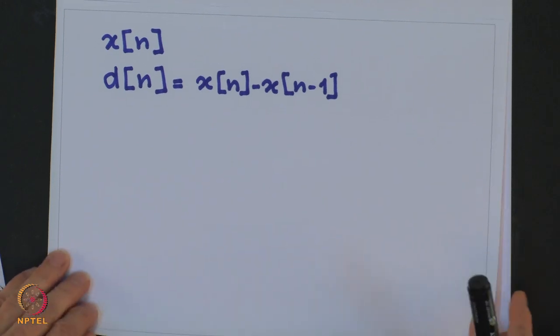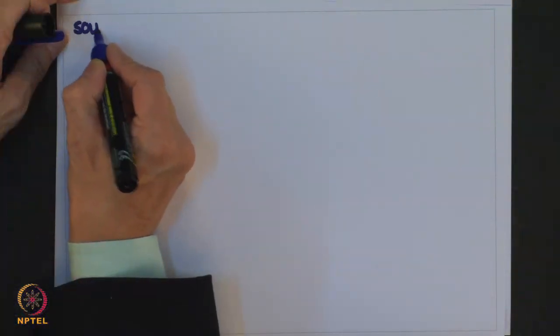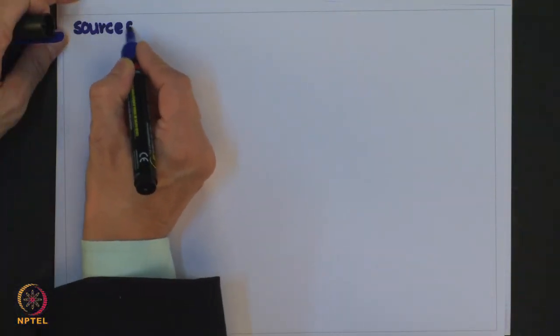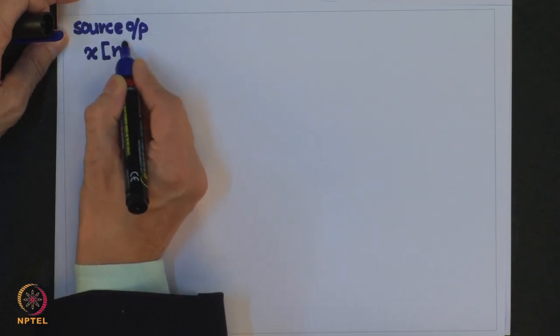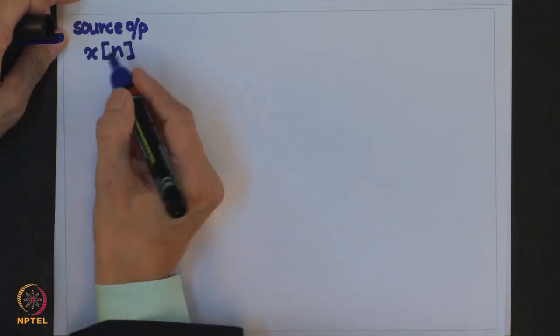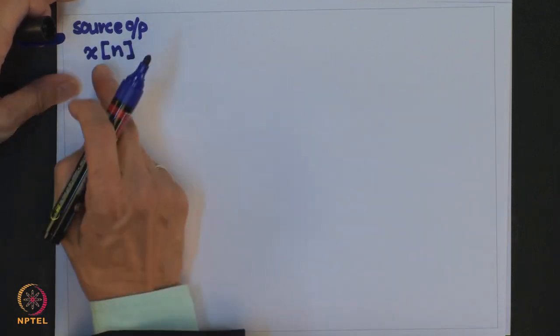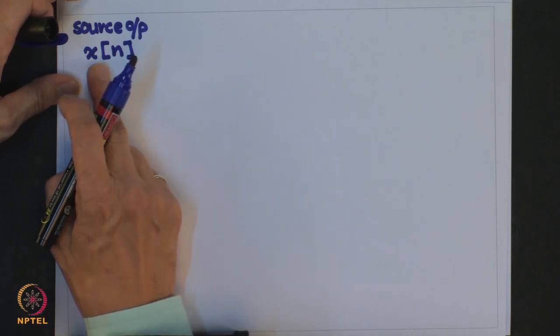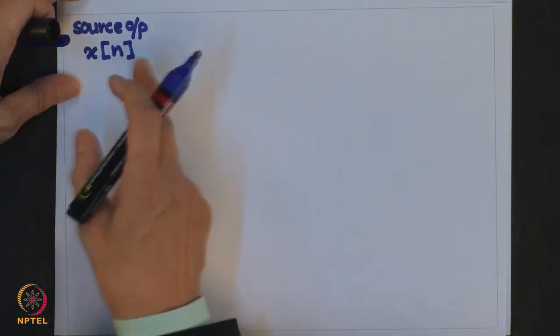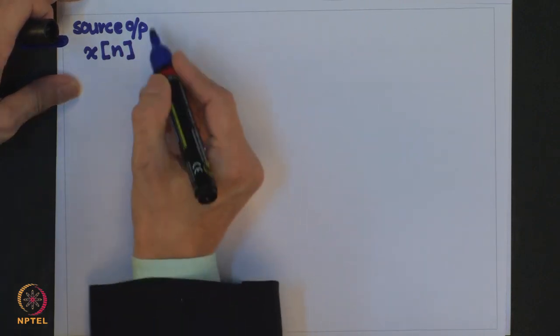To understand this in a better way, let us take one example. Let us say I have a source output which I denote by xn. This xn denotes both the sequence and also a sample of that sequence, depending on the context.